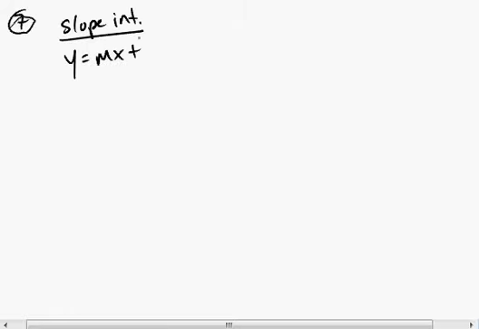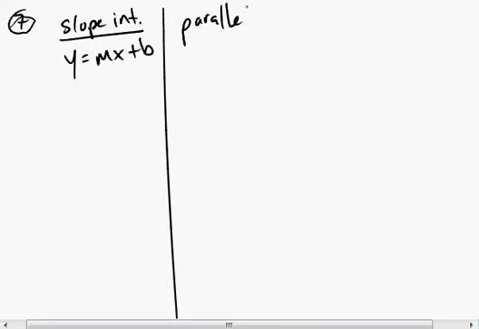Number 7. Choose an equation in slope-intercept form. So we have to make our equation look like this, right? Our line is parallel to this line and passes through the point negative 11, comma 8.